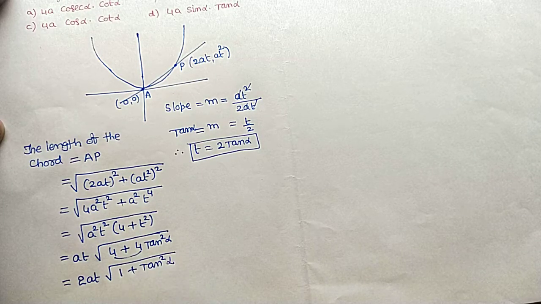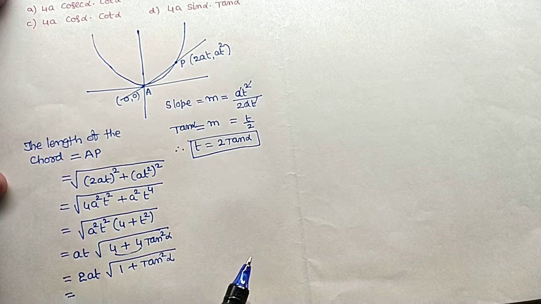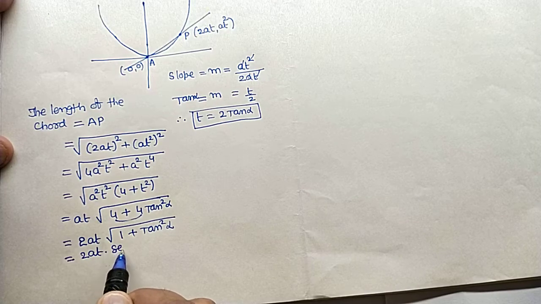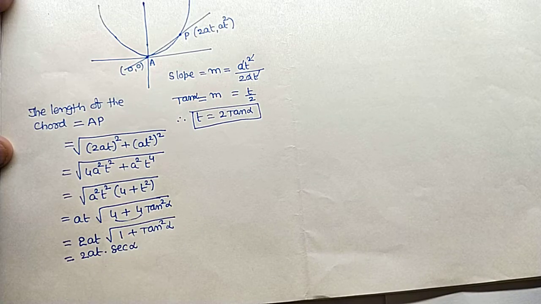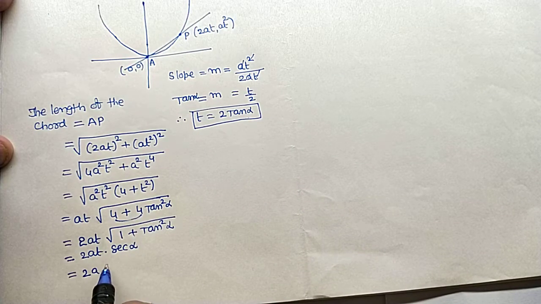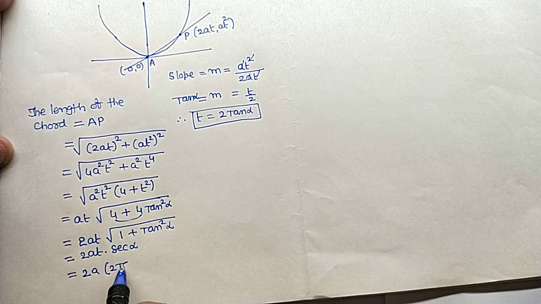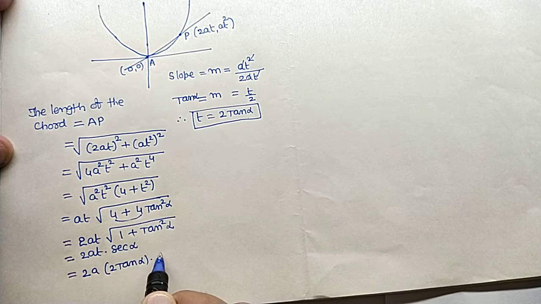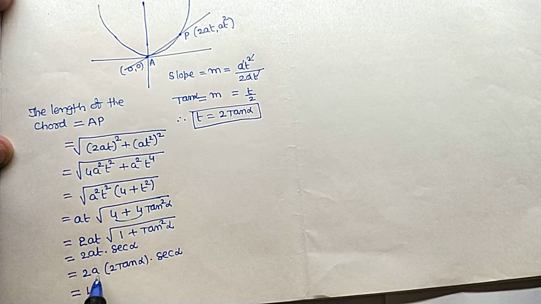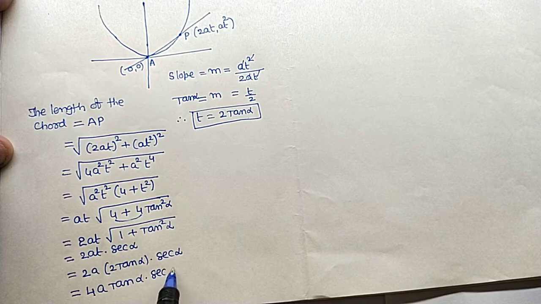What is 1 plus tan square alpha? Secant square alpha, so the root is secant alpha, which is equal to 2at into secant alpha. What is the t value? 2 tan alpha. Substitute here. So 2 into a into, in place of t, 2 tan alpha into secant alpha, which is also equal to 4a into tan alpha into secant alpha.